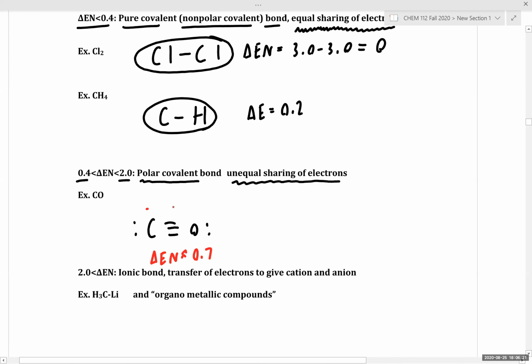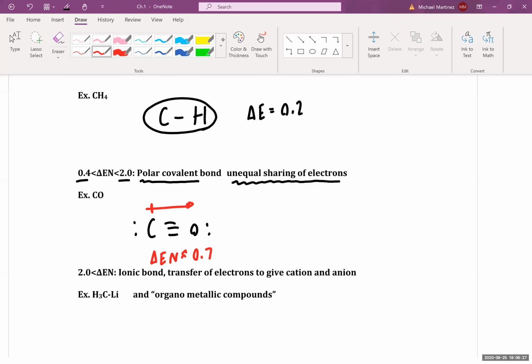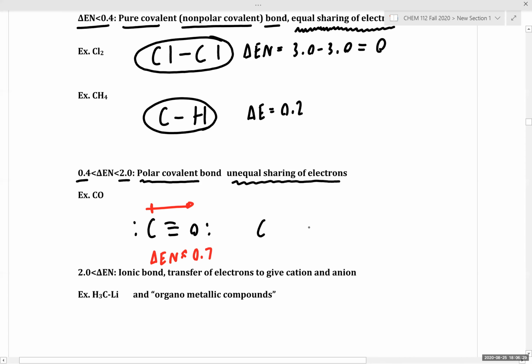Oxygen. Yes, exactly right. So, as a result, if we think about the distribution of electron density in carbon monoxide, we'd likely see a large amount of electron density surrounding oxygen and a very small amount of electron density surrounding carbon.